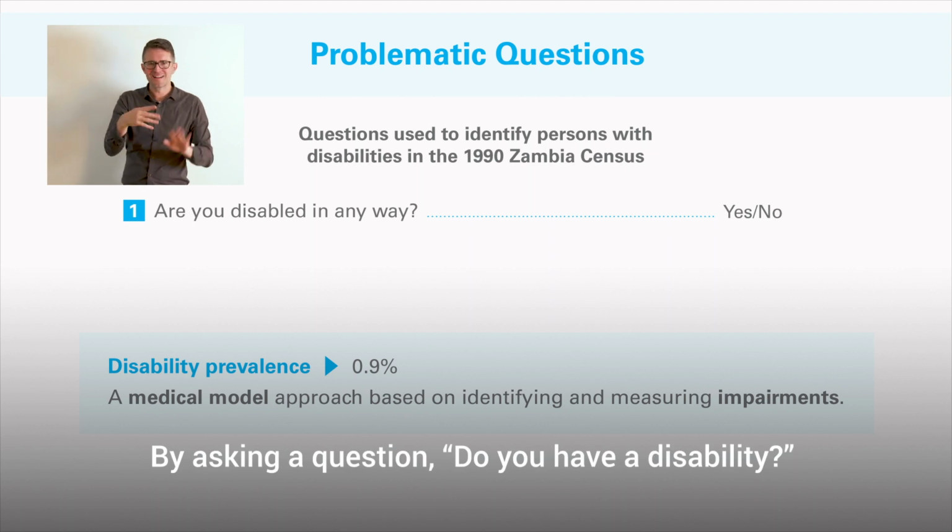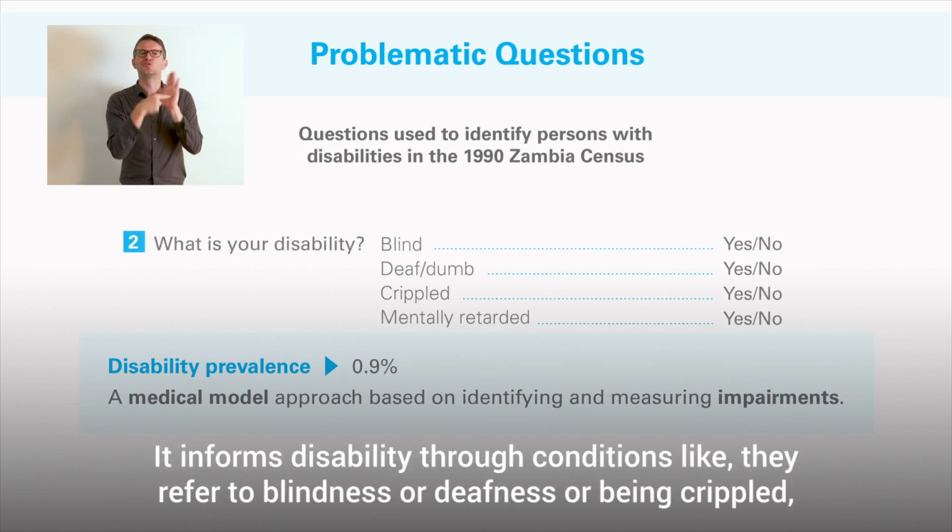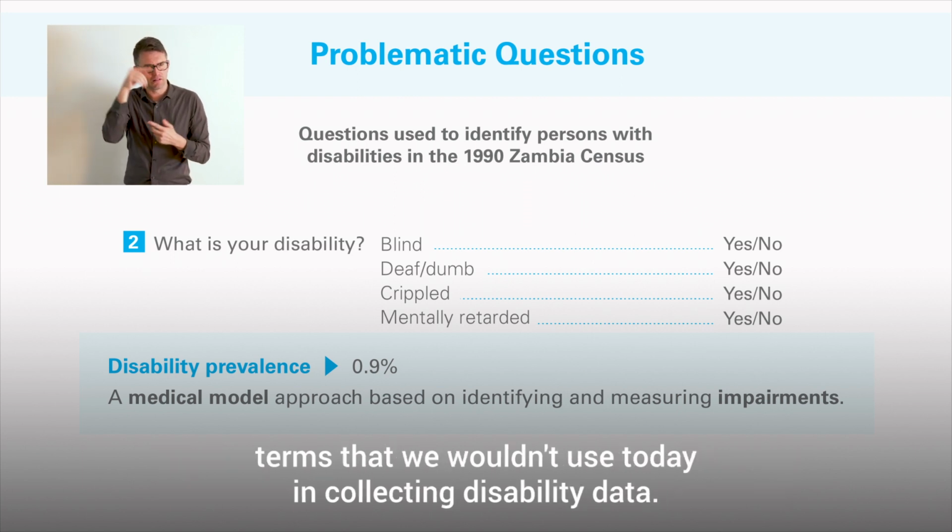By asking a question, do you have a disability, what we're capturing is a medical model. It informs disability through conditions like they refer to blindness or deafness or being crippled, terms that we wouldn't use today in collecting disability data.